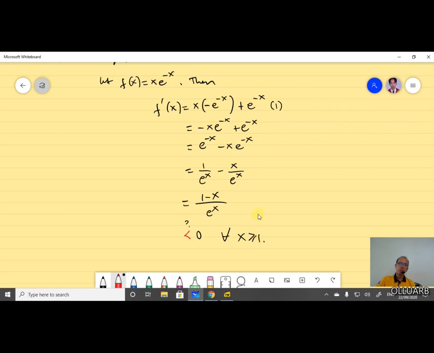So if you look at your definition, I recall now, this must be greater than 1. We should not include 1 here. Okay, this is greater than 1.